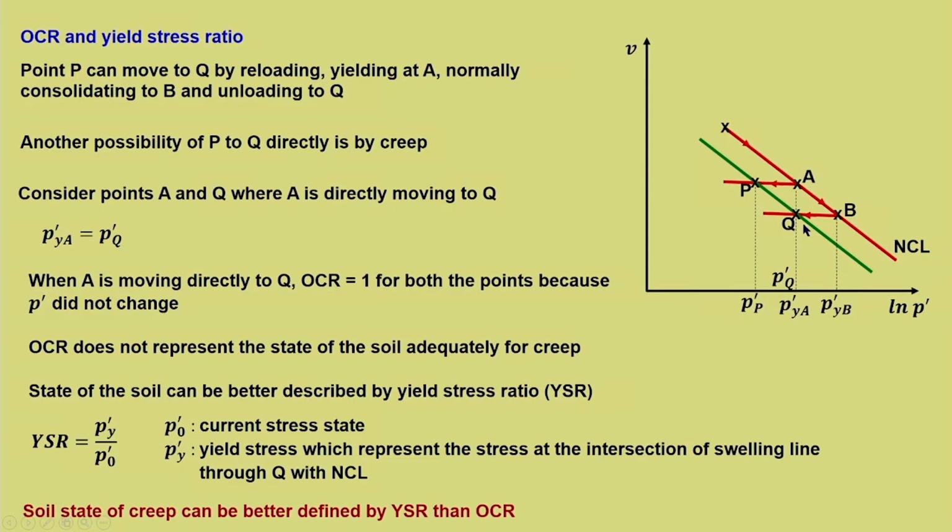For example, in this particular case, both A and Q had an OCR of 1 if we are not bothered about P dash y.